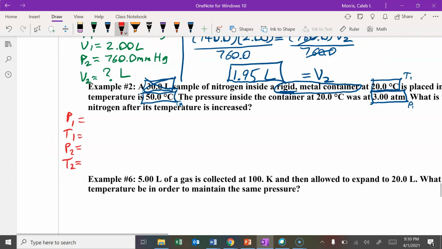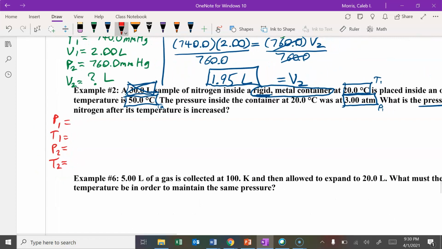P1 is 3.00 atmospheres because it's the one that goes along with our initial temperature. So we have a T1 of 20.0 degrees Celsius, a P1 of 3.00 atmospheres. Don't forget to add 273 every time that we have Celsius. So that's going to be 293 Kelvin.